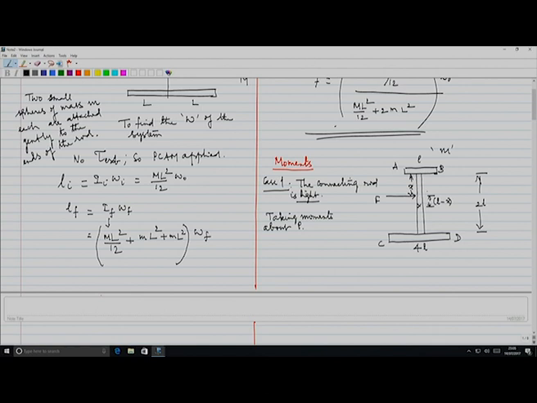This is the point P. So I will have this mass AB, M into L, that into x.